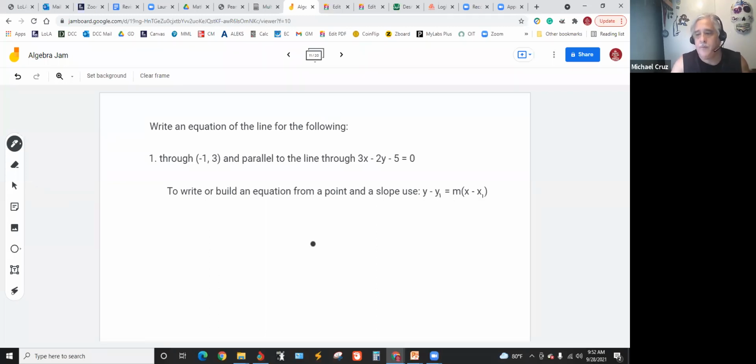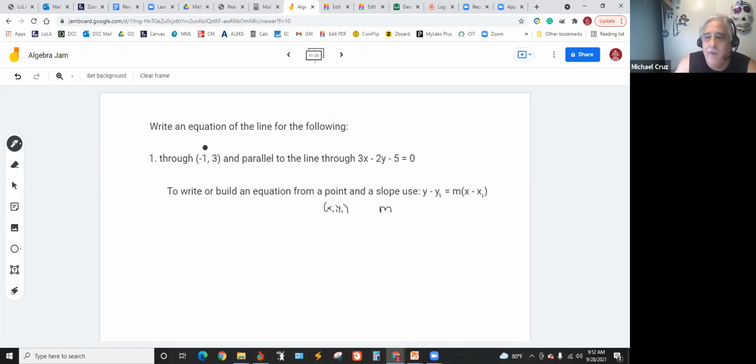All right. So what they mean by point is x1, y1, and then slope, of course, is m. And so if you've got those two things, then we can build this in.